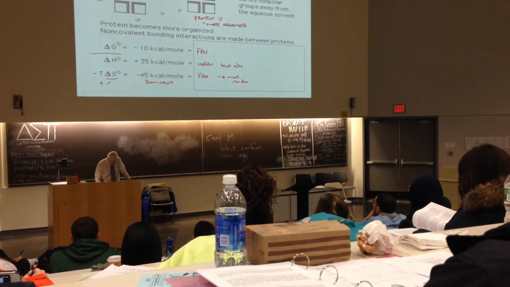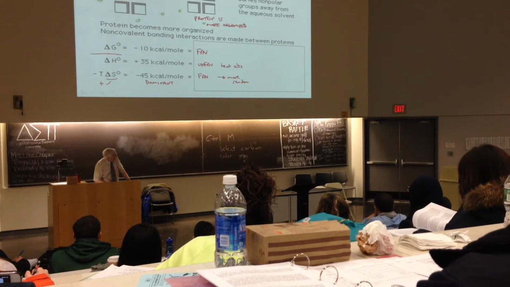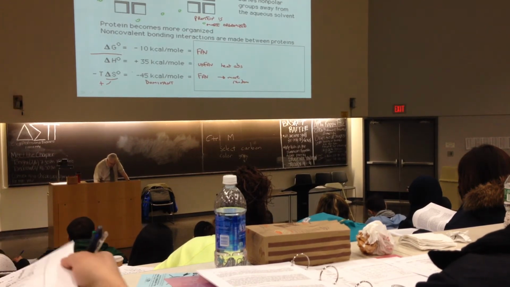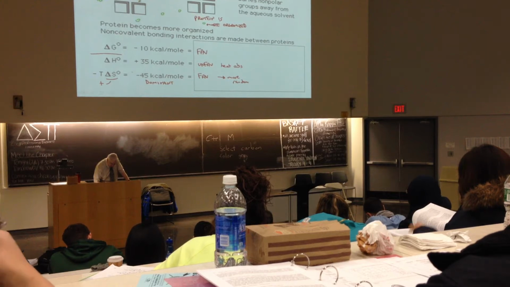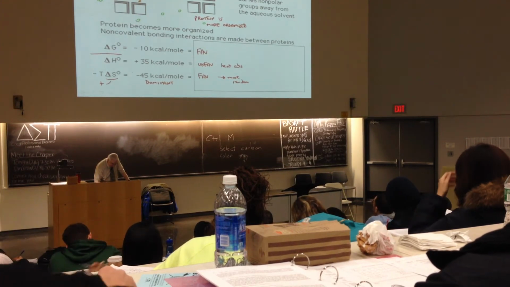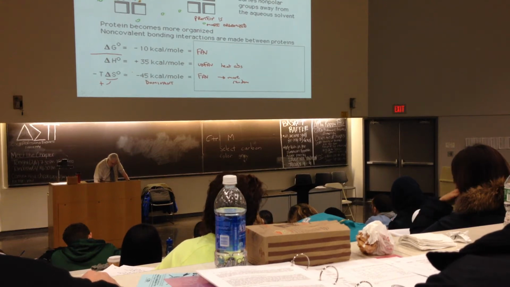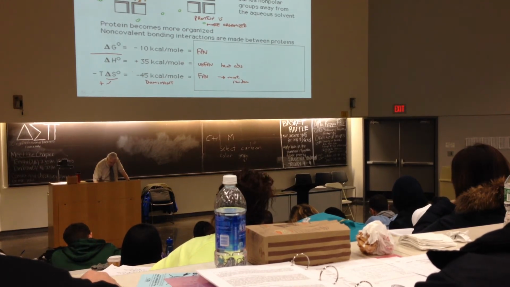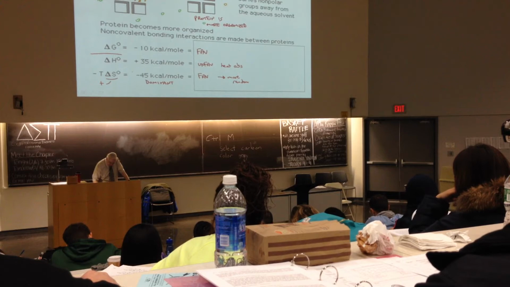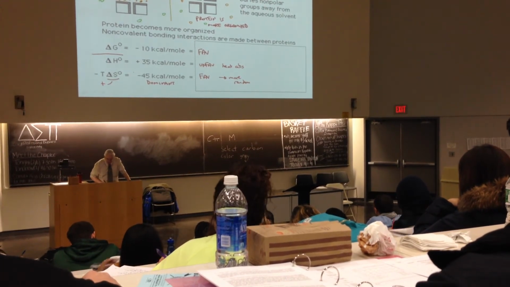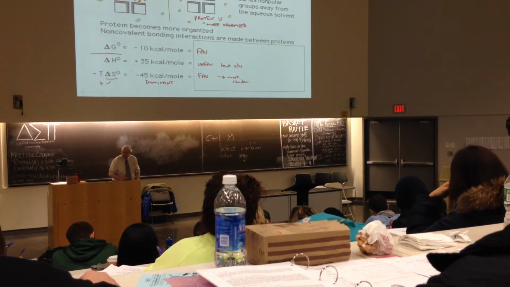Let's try orange. I guess that works. So we may have some waters that are in contact with the nonpolar surfaces over here on the left, which then become regular water, and they're sort of squeezed out or pushed out over on the other side on the right.